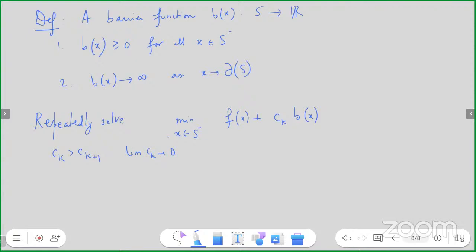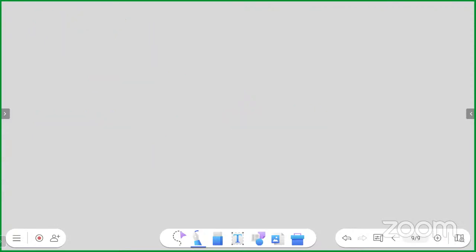Okay, so the theorem. This requires an extra technical condition that we write from the book. What is the technical condition?